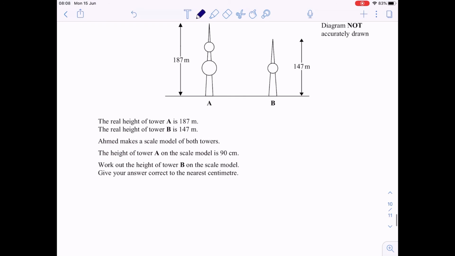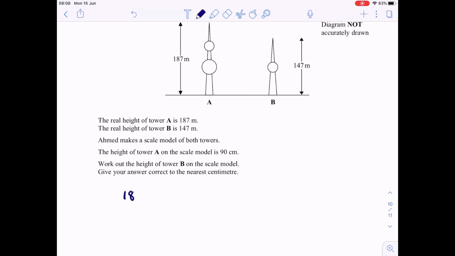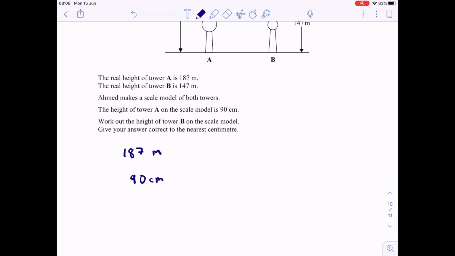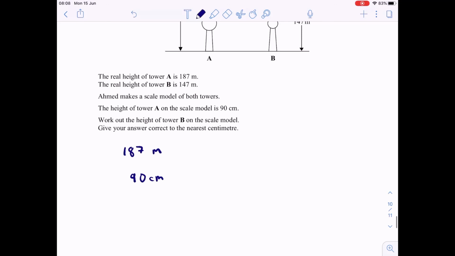So what we need to do is work out how we've gone from 187 metres to 90 centimetres. The first thing we need to be careful of is to make sure they're the same units. Remember, there's 100 centimetres in a metre, so this is actually 187 and then 2 zeros centimetres.